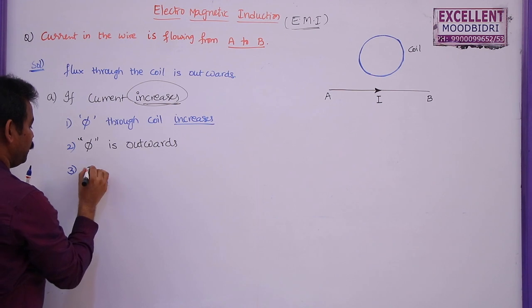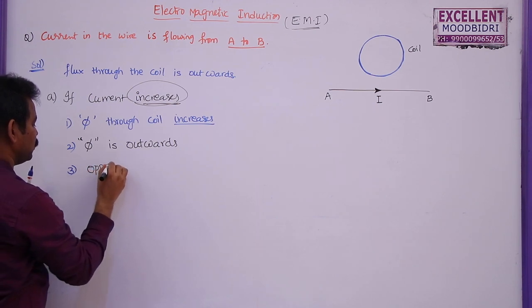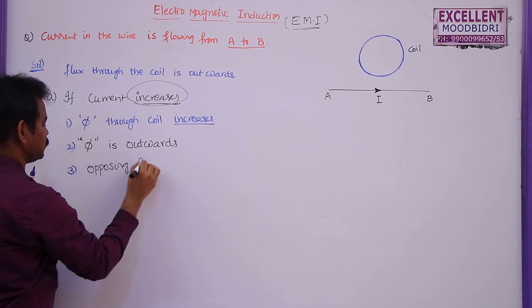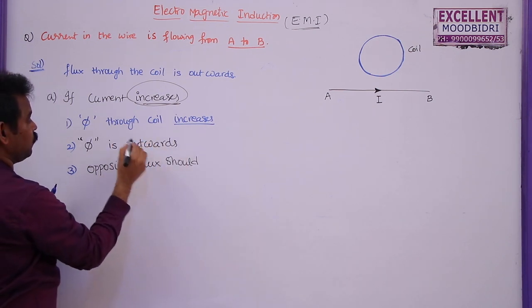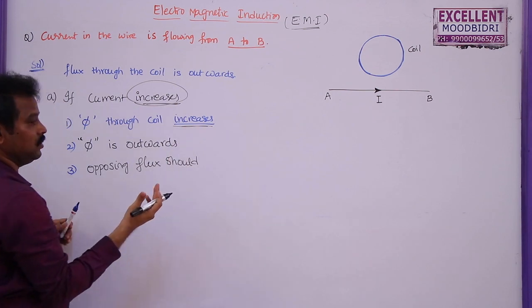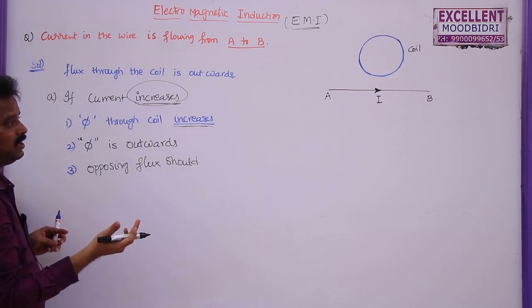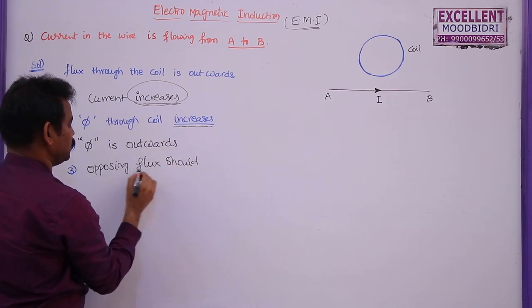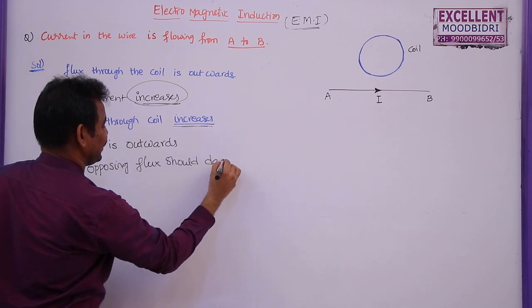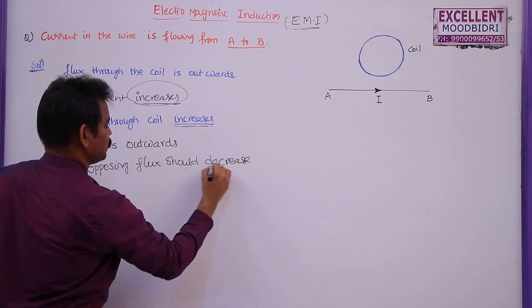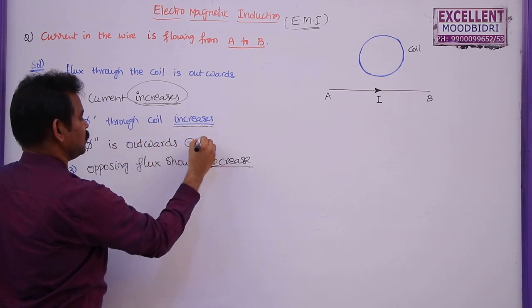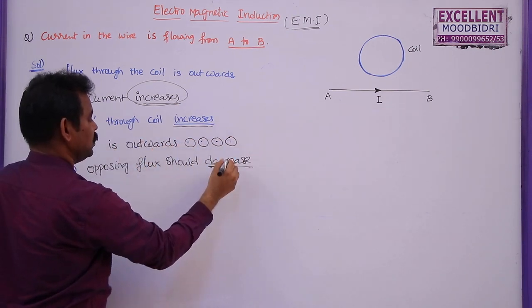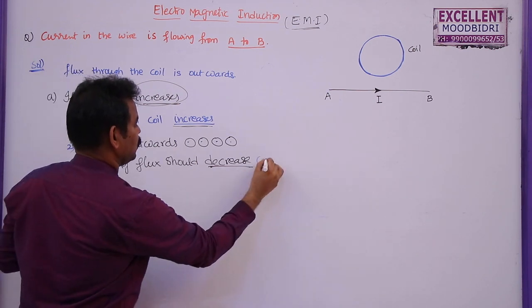So the opposing flux should decrease the increasing flux. Since the original flux is outwards, the opposing flux should be inwards here.